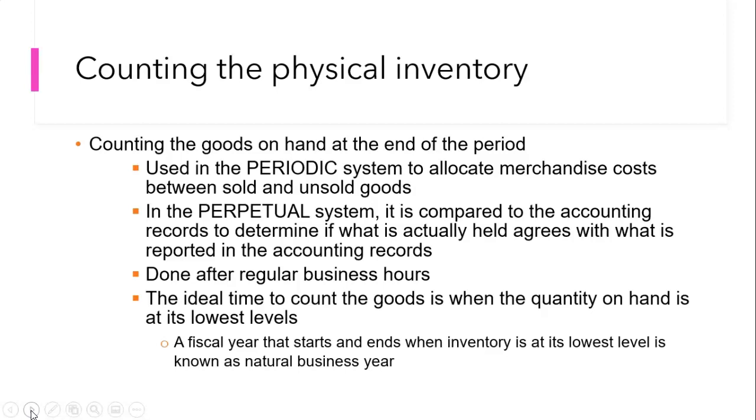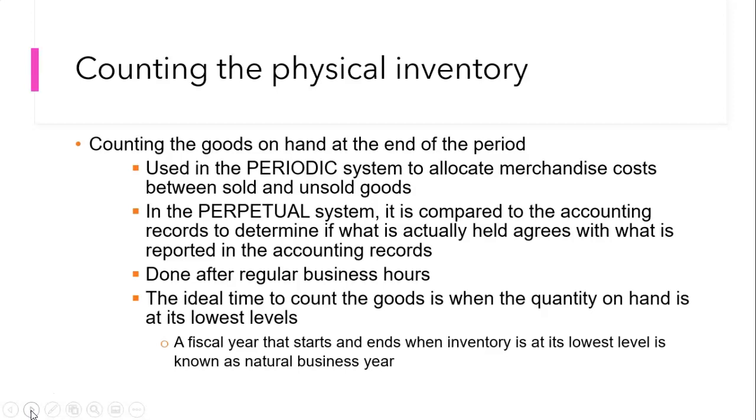Somewhere in there is going to be the lowest amount of inventory to have to count. So that's when they're going to set their fiscal year. So their fiscal year might start on March the 1st and go all the way to February 28th.